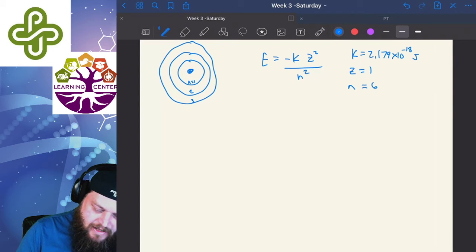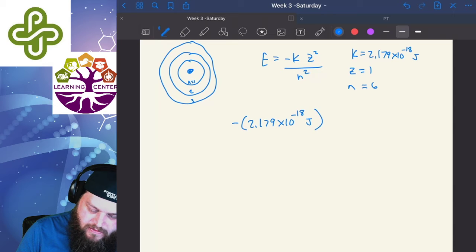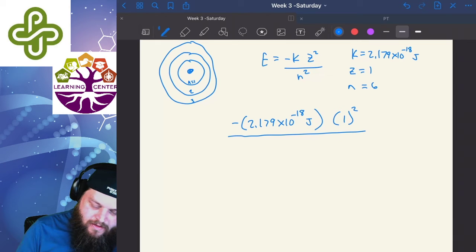So plugging these in, negative 2.179 times 10 to the negative 18 joules, and we're going to multiply that by 1 squared, divide that then by 6 squared.